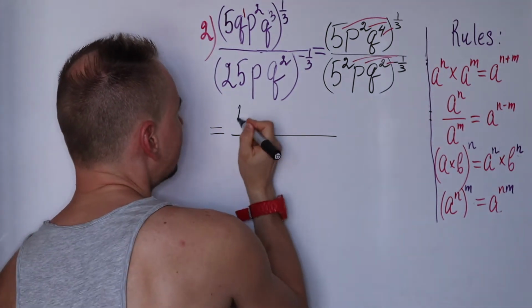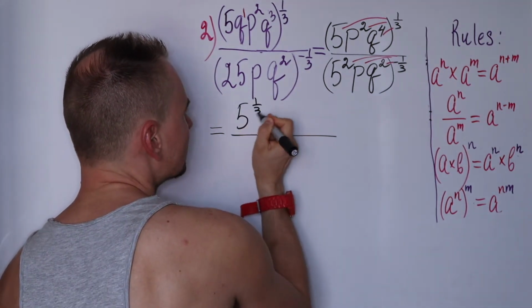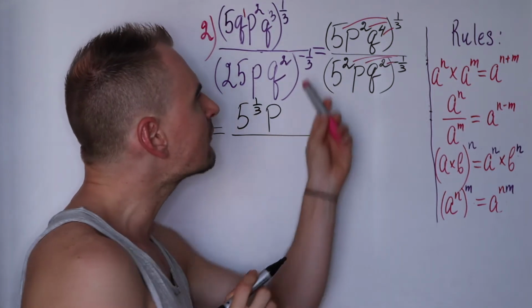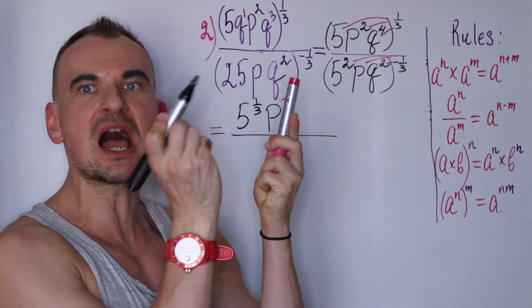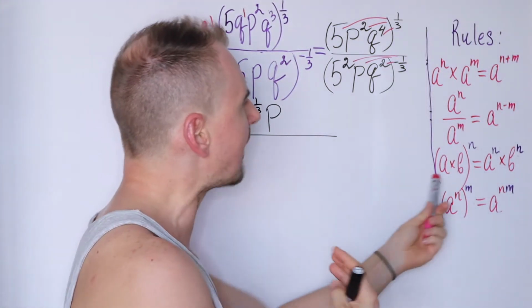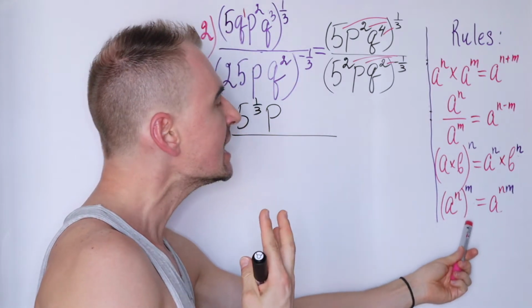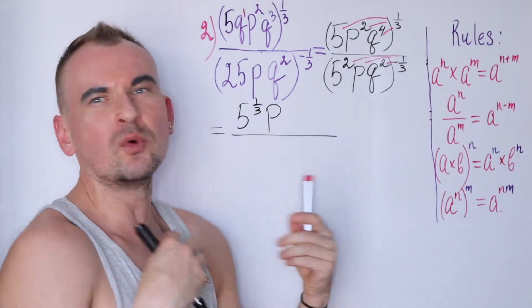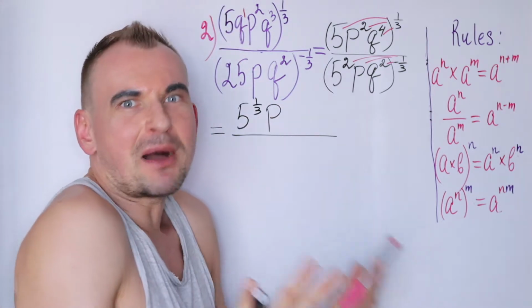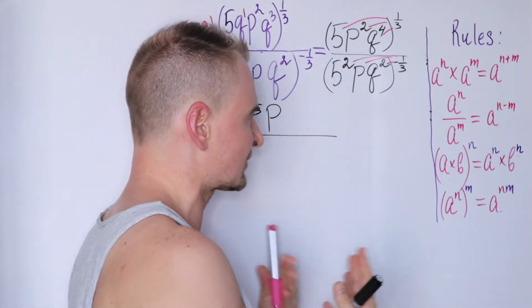So it becomes 5 raised to a third, p, and at this point I'm going to multiply these powers through. I'm going to apply simultaneously this power on power rule in order to avoid this bulky notation, to save time and to save space.